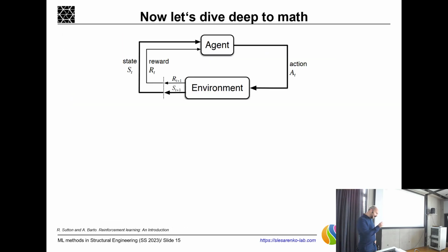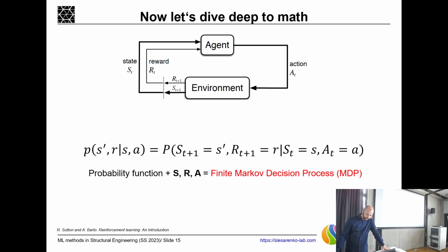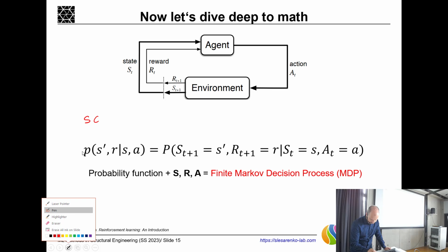Now we need to go a little bit deeper in terms of how it works in general. So we have the system: agent, action, environment, state and reward. States, we already discussed what a state is. So let me just use a normal pen.